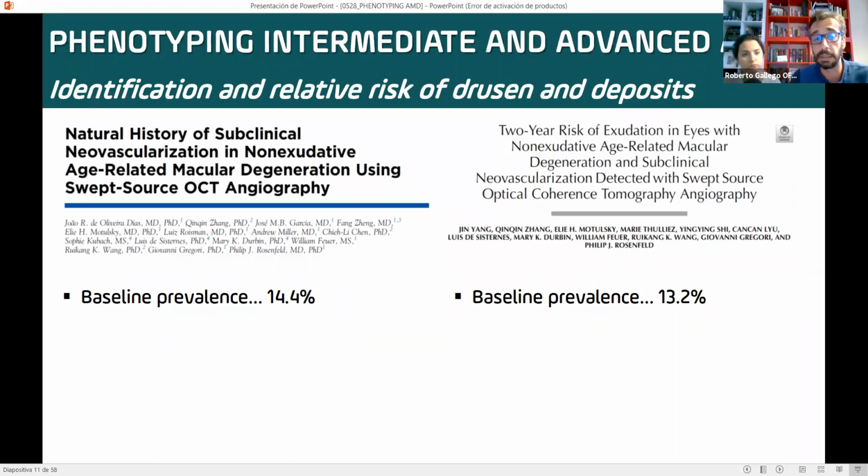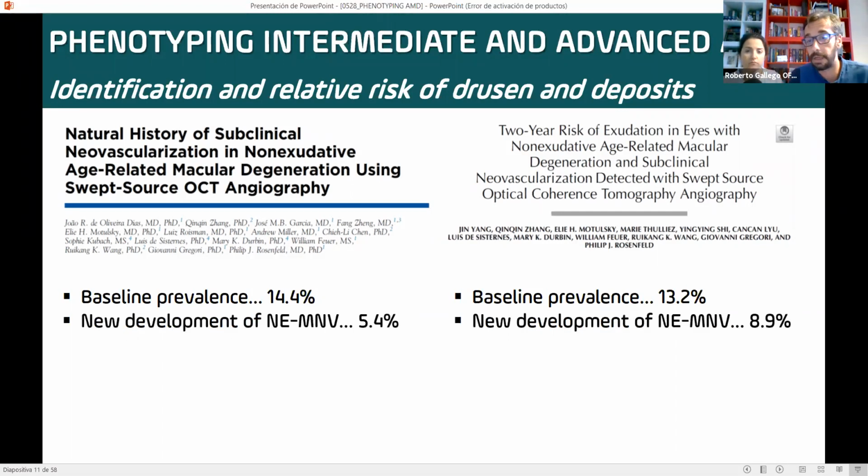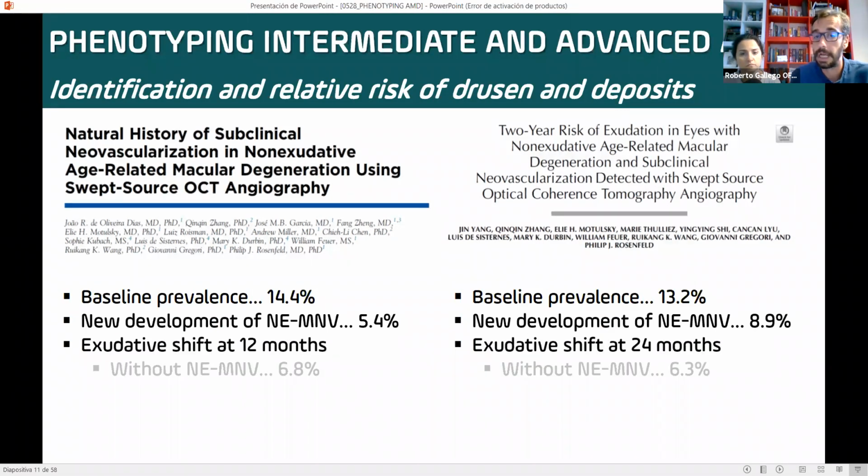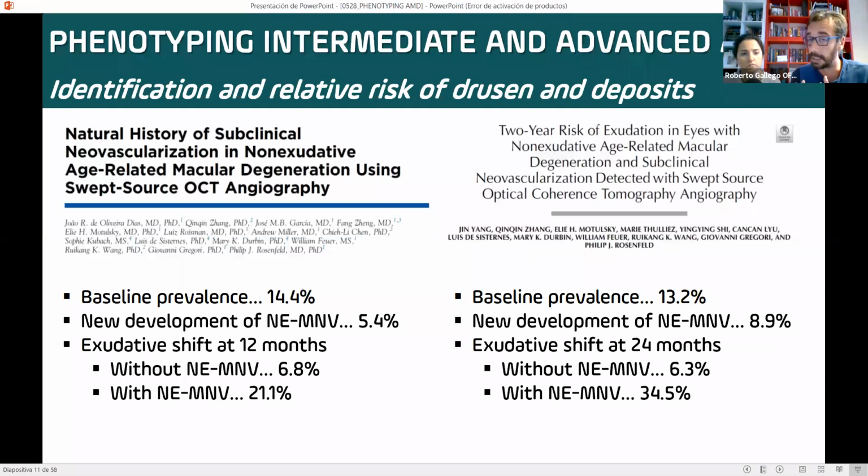There is a new development of these shallow irregular RPE elevations in 5% of cases after 1 year of follow-up, almost 10% of cases after 2 years of follow-up. And there is, which is very important, they are non-exudative, as Rosa has explained.